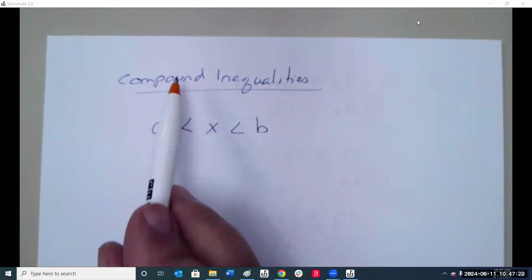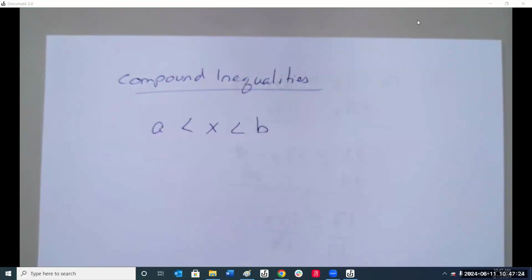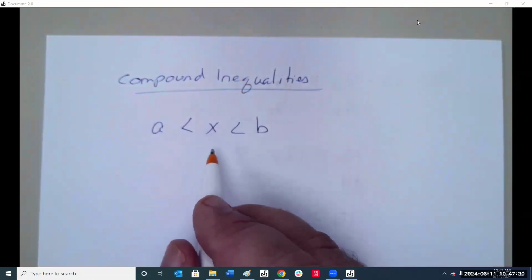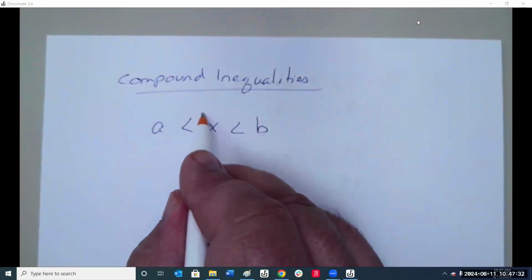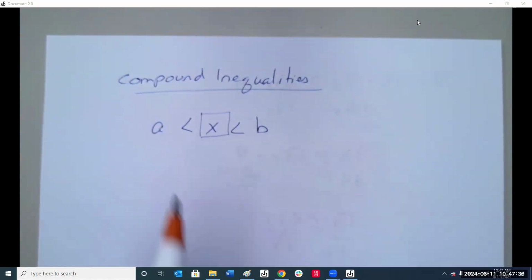The reason it's called compound is because X can be greater than A and X can be less than B at the same time. When solving compound inequalities, whatever you do to the middle, because you're solving for X, you do to the other two sides.